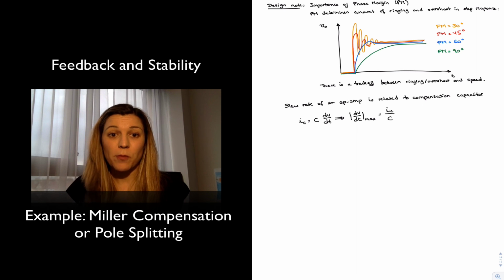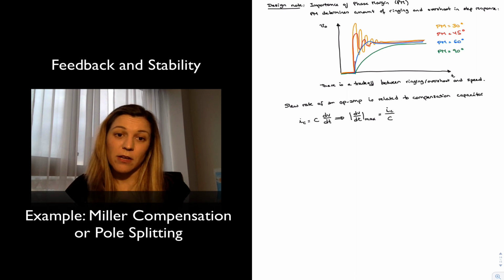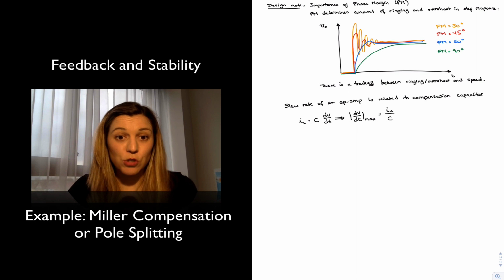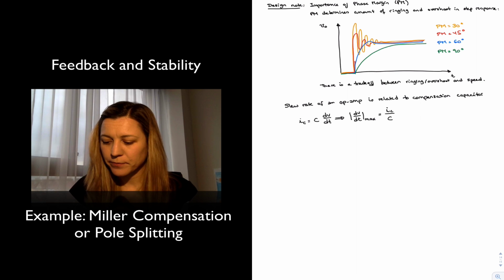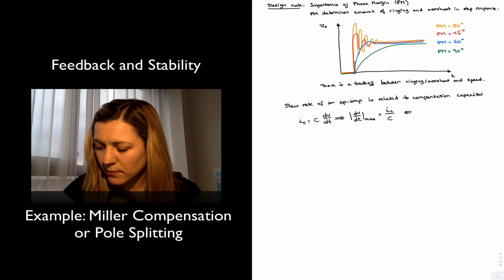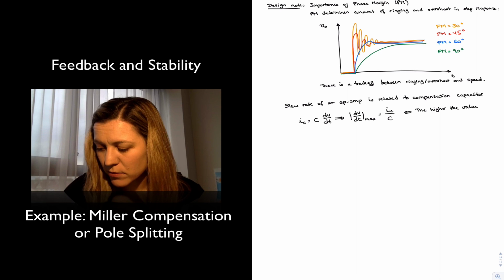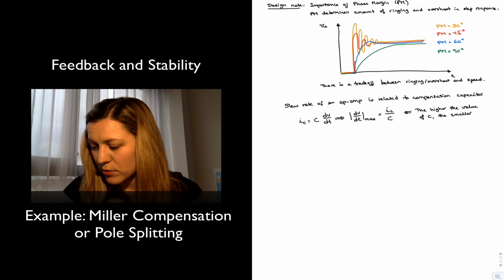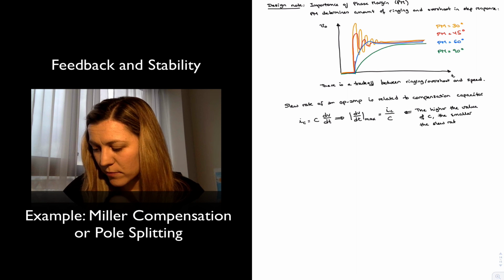And so the more compensated your circuit, the smaller the value of your slew rate. Okay. Higher the value of C, the smaller the slew rate of the op-amp.